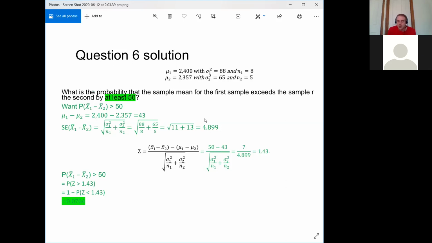Okay, so he went straight to there and went, look, if we did do this in a hypothesis test situation, we'd be asking for x1 minus x2 being greater than 50, and the Z score for that is the 1.43.